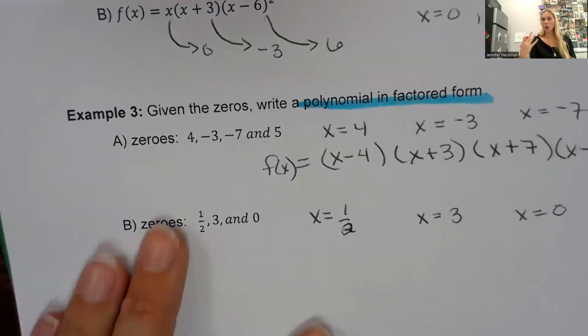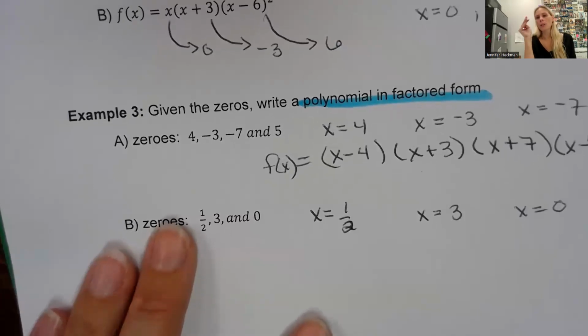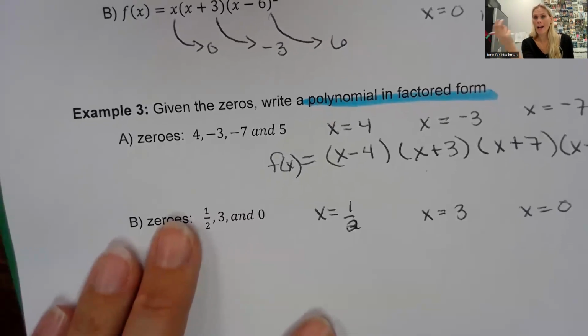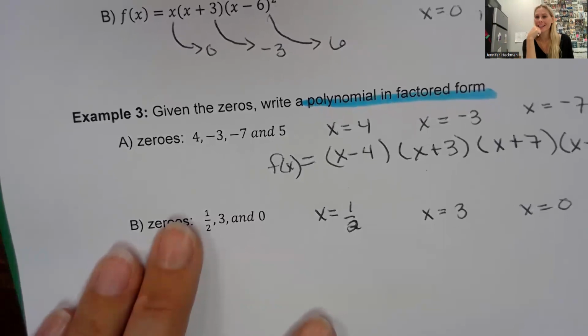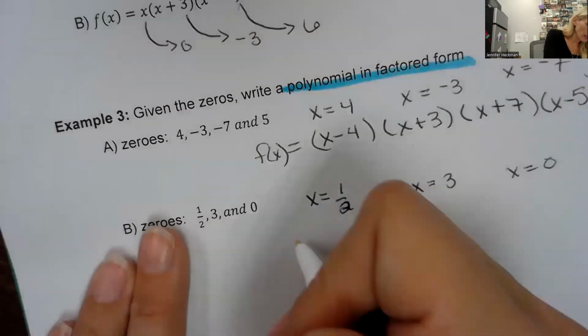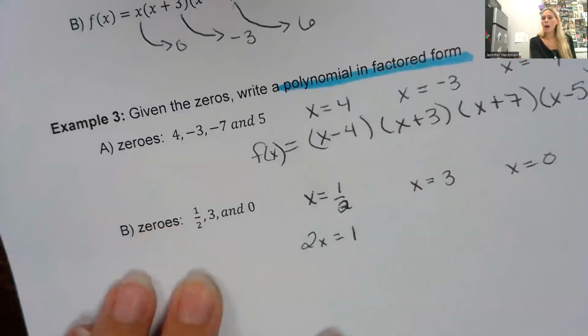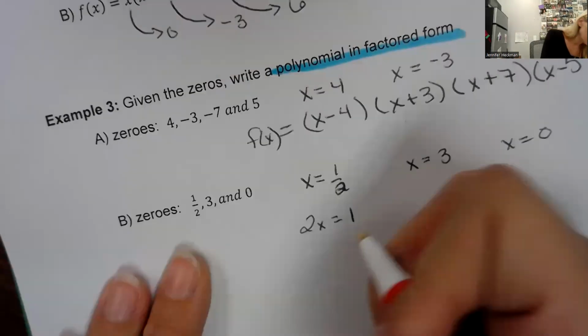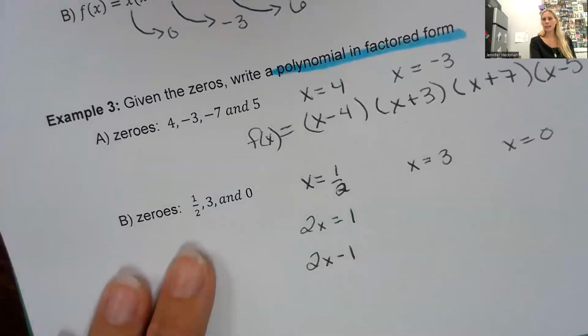So again, if I start undoing, I actually do not want you to have fractions in your binomial, because otherwise your leading term will not come out correctly. So watch. How would I get rid of the 2 in the denominator? Oh, I multiply it to both sides. Now, how would I get everything on one side? I would subtract 1.